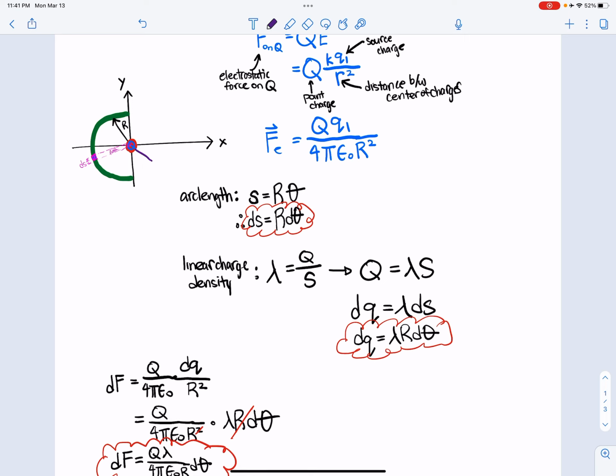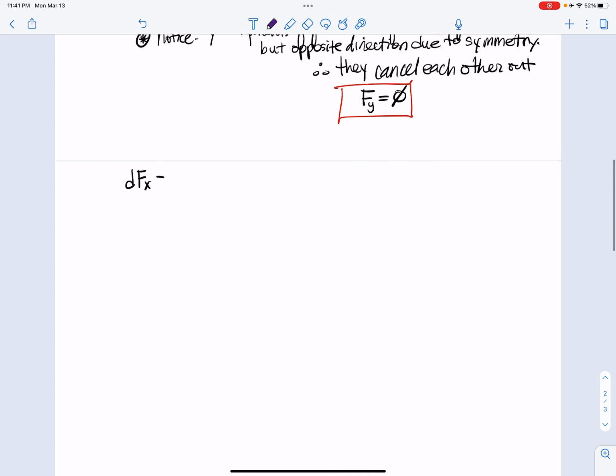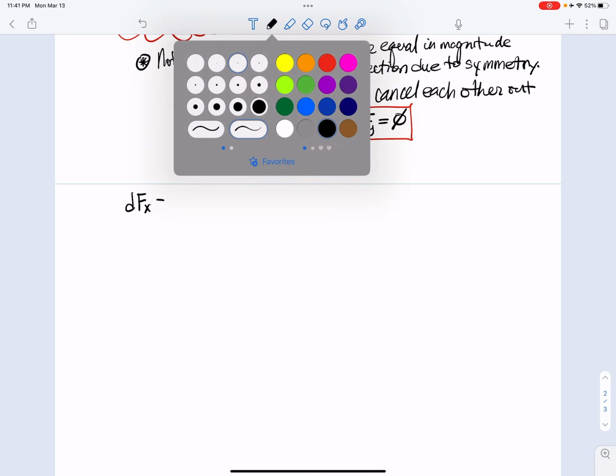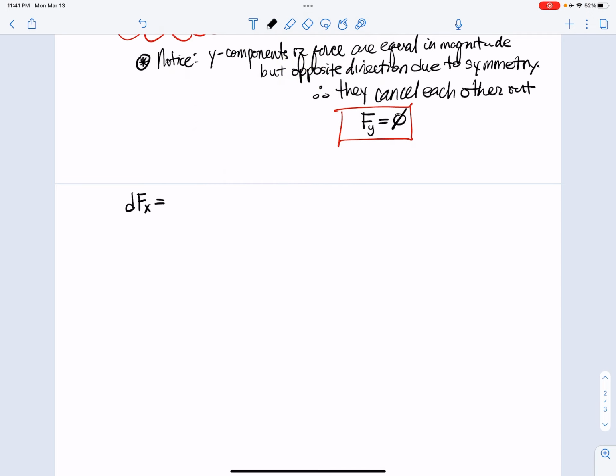Or I guess for this dq, it would push it in that direction. And if this is theta, then this is theta. Okay, so dFx would be dF cosine theta, right? This x component would be dF cosine theta. That's going to be dF times cosine theta.